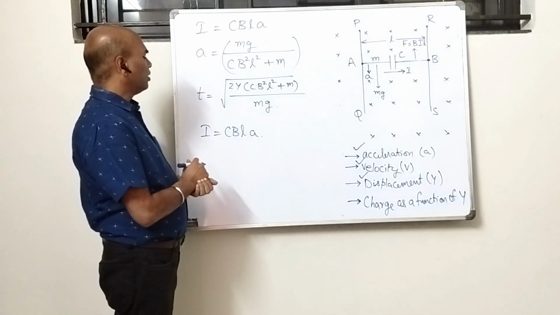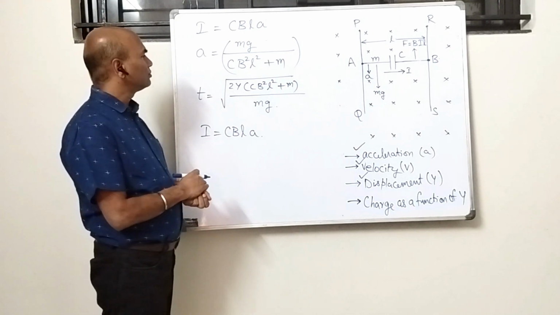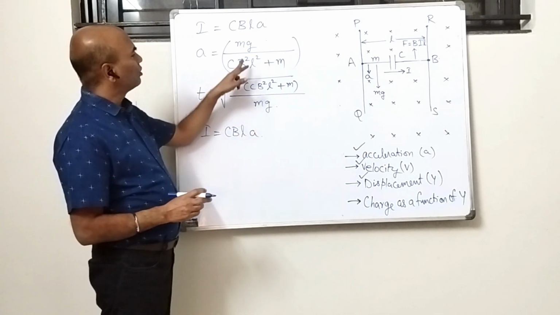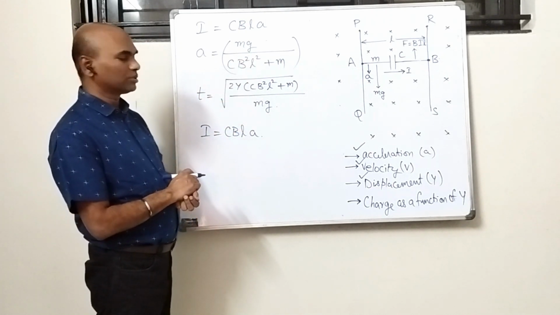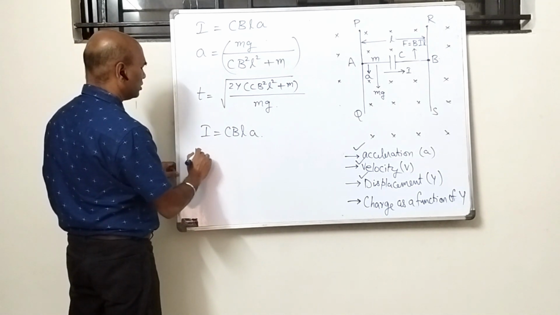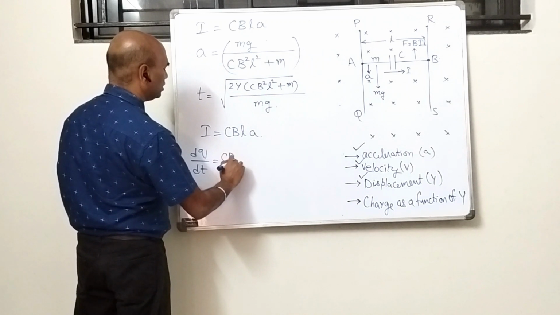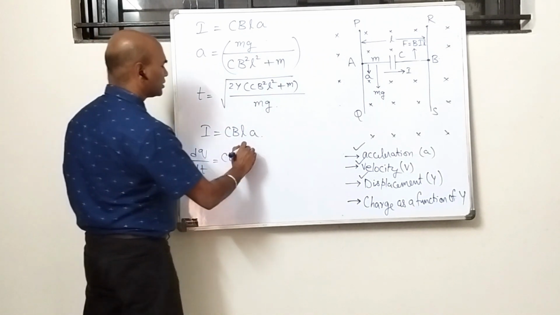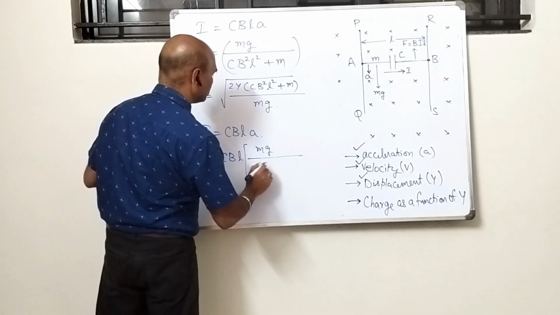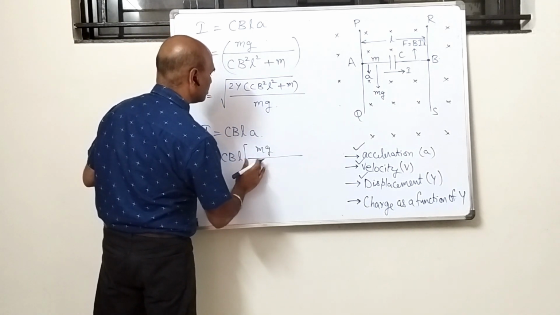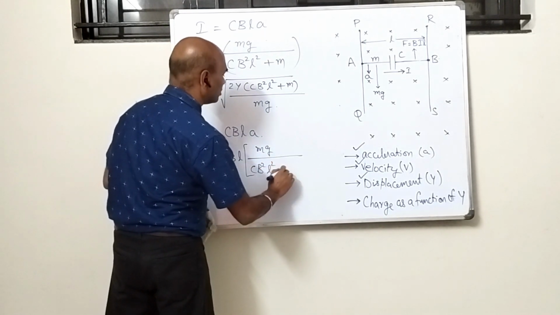On one hand I can write I as dq by dt, and on the other hand I also have an expression for acceleration which I can substitute. So dq by dt is equal to CBL into the acceleration we have got, mg by CB square L square plus m.